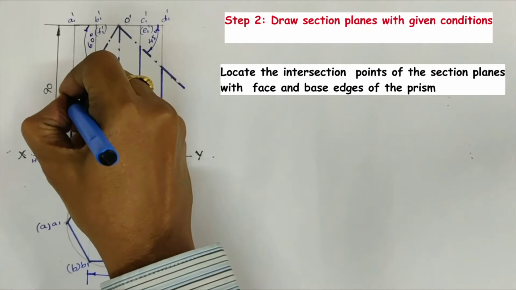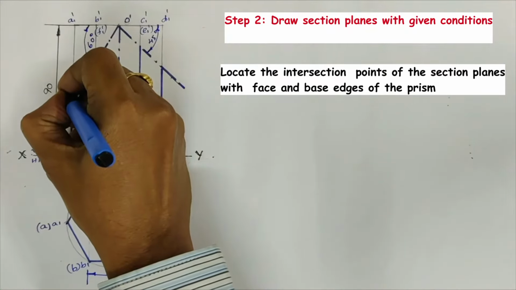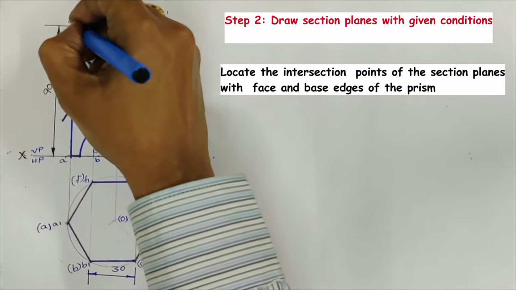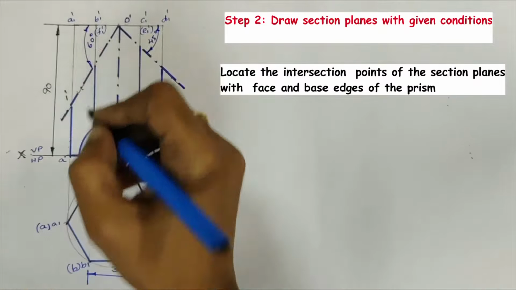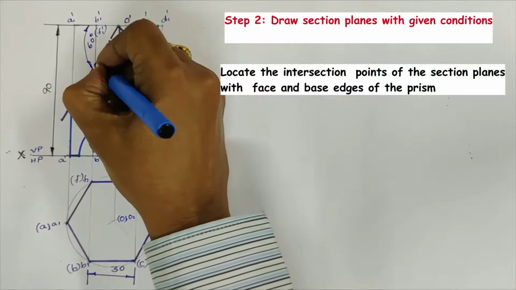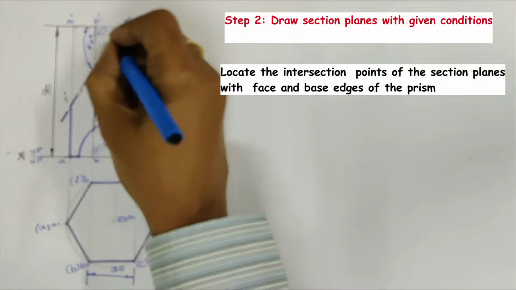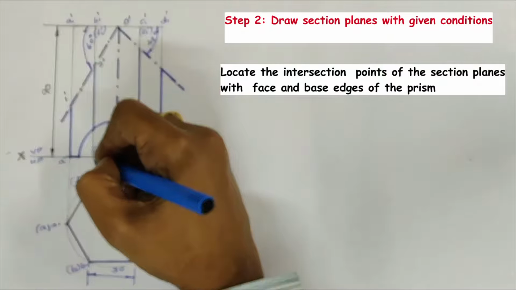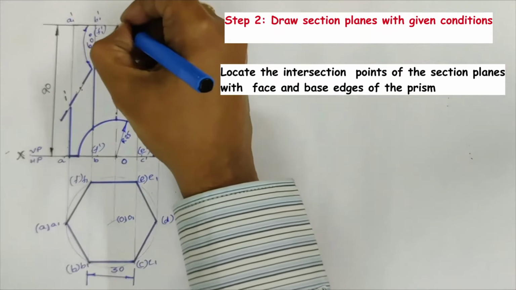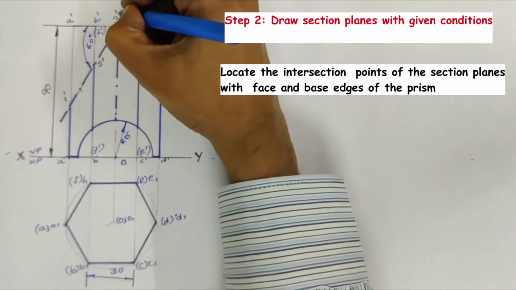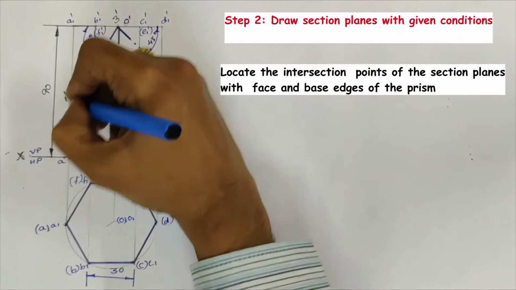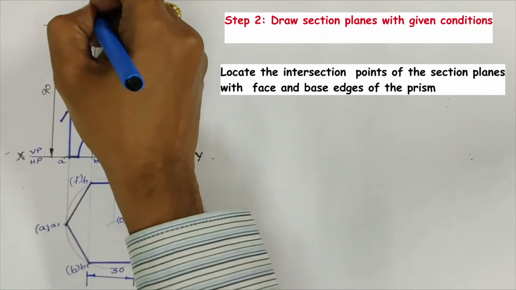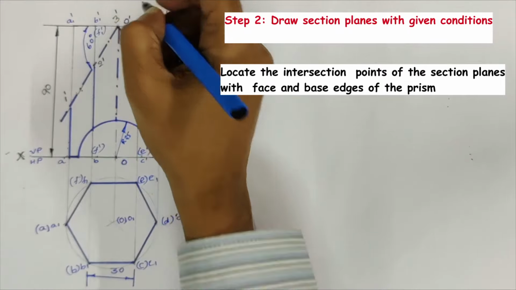Here 1 dash is the intersection point of the first section plane with the face edge A dash of a hexagonal prism. 2 dash is the intersection point of the first section plane with the face edge of the hexagonal prism, say B dash B1 dash. 3 dash is the intersection point of the first section plane with the base edge image in front view, say B1 dash as well as C1 dash.